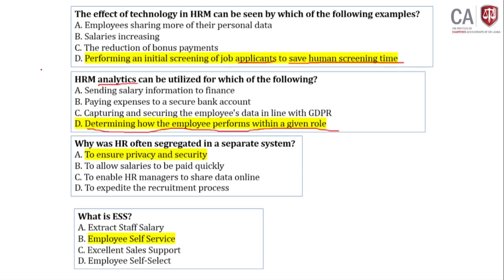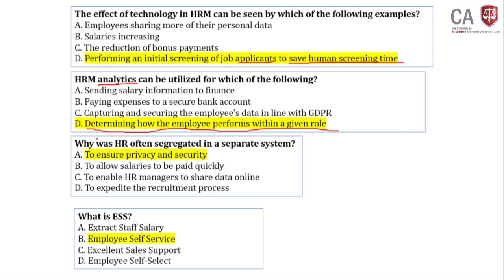So, using those analytics you can measure who is the best performer within the month. So, that can be done using HR analytics. If you want to select the best performer within the month, best performer within year 2021, you can do it by using HR analytics. It means the HR data available in the system will help to determine who is the best employee.